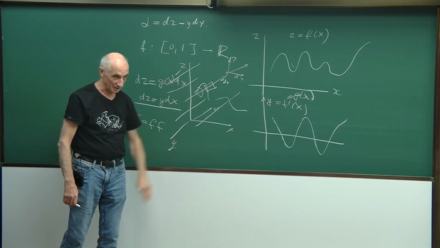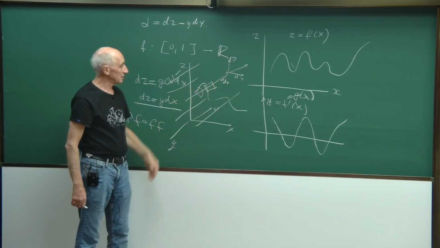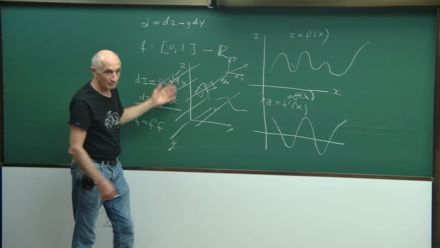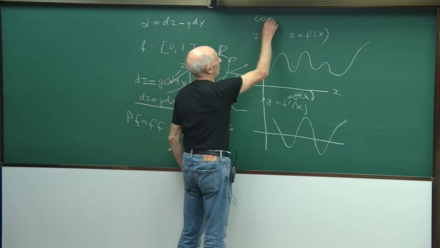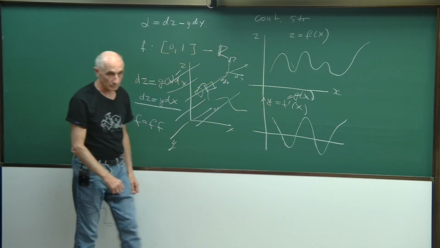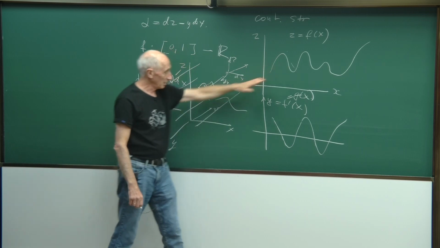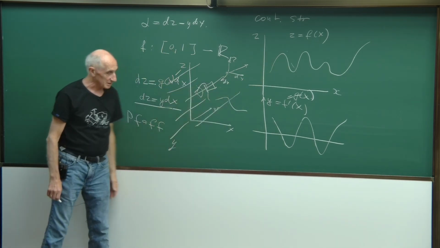And such a plane field is called a contact structure. So this is our first encounter with a symplectic geometric object. You'll see what it is.